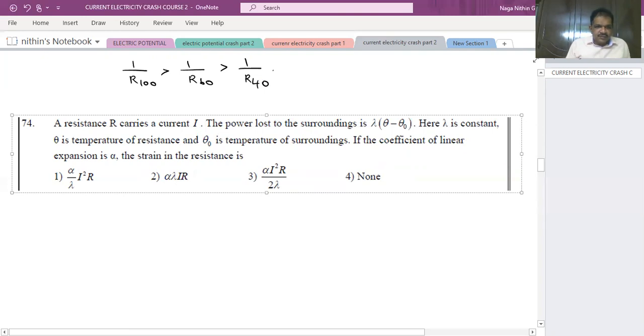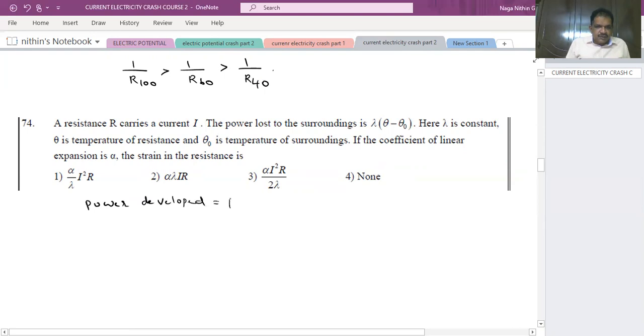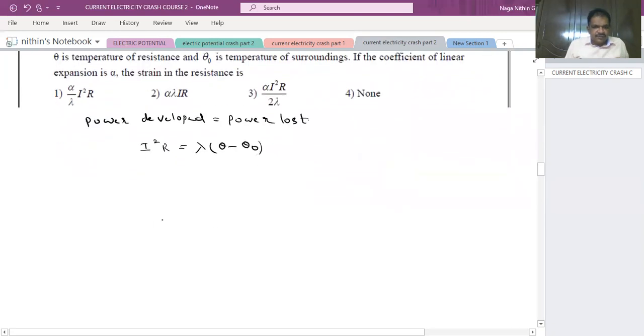So here power developed is equal to power lost. Power developed will be I square R. Power lost is equal to lambda into theta minus theta naught.